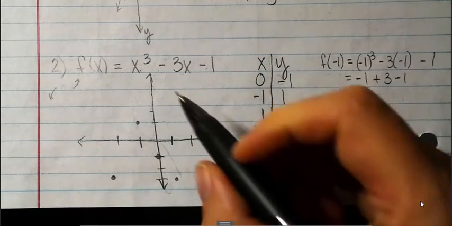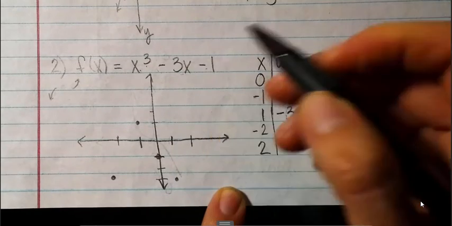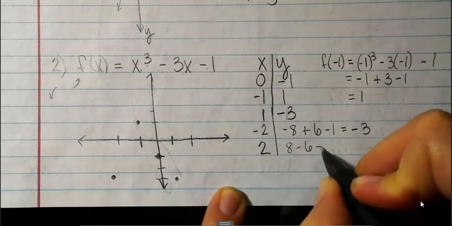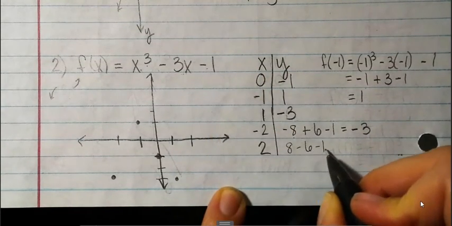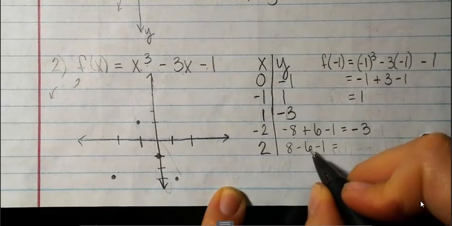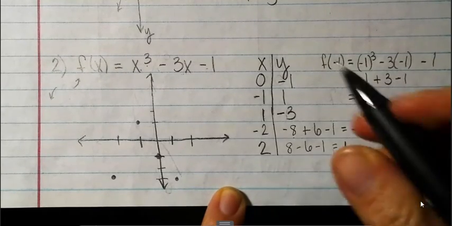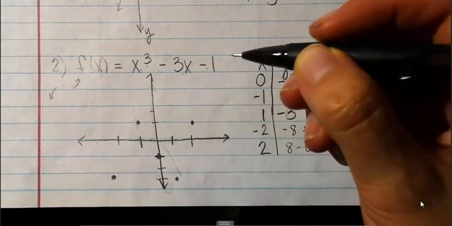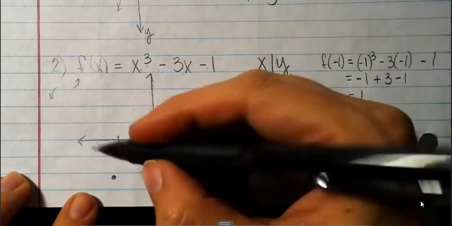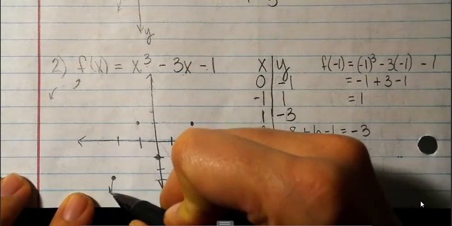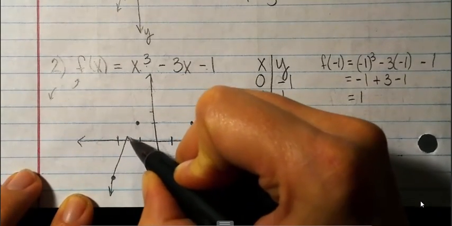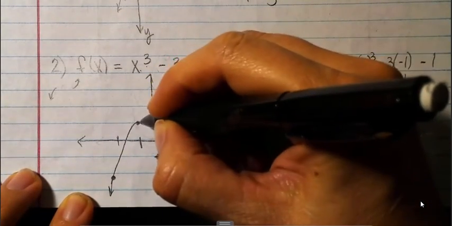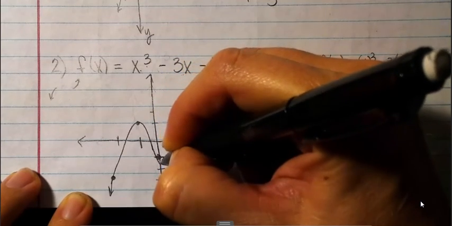All right, so when I plug 2 in here, I get 8 minus 6 minus 1. So really it's 8 minus 7, so I'm going to have 1. So that's 2, 1. Okay, so the way that this is going to work is it's going to be down on this side, head up, come back down and around.